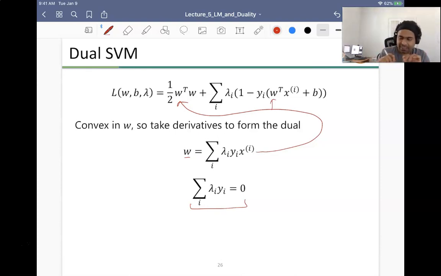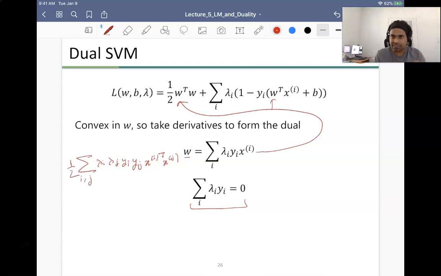When you do w transpose w, because it's a sum over i multiplied by a sum over j, you'll get a joint sum over ij of lambda_i lambda_j y_i y_j, and these are two vectors, so I have x_i transpose x_j. This is my w transpose w, and there is a half over here.